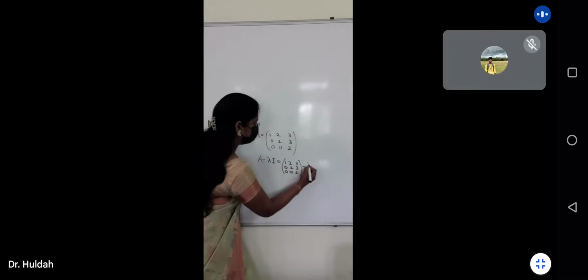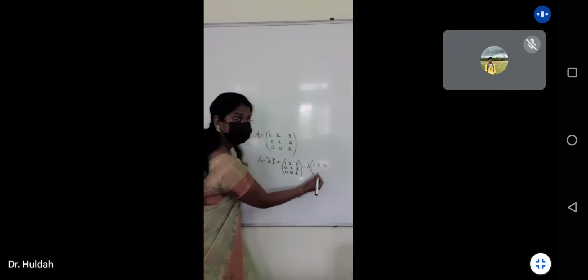Given an A, we first find the A minus lambda matrix. This is A minus lambda times the identity matrix, 1, 0, 0, 0, 1, 0, 0, 0, 1. If I bring this lambda inside, it becomes like this.